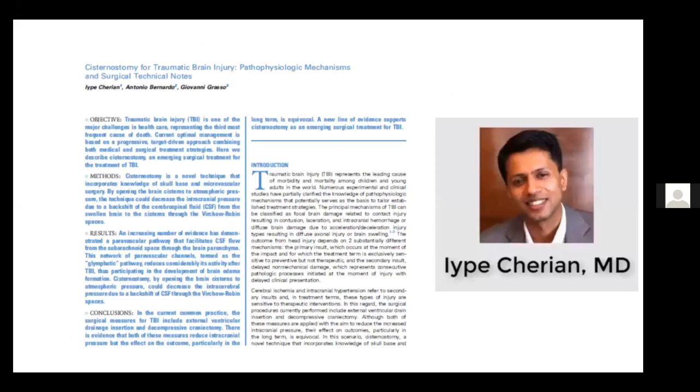This is Professor Iype Cherian's paper about cisternostomy for traumatic brain injury. In this paper, they describe how to do this surgery, the pathophysiological mechanism and surgical technique. It is a very good paper.